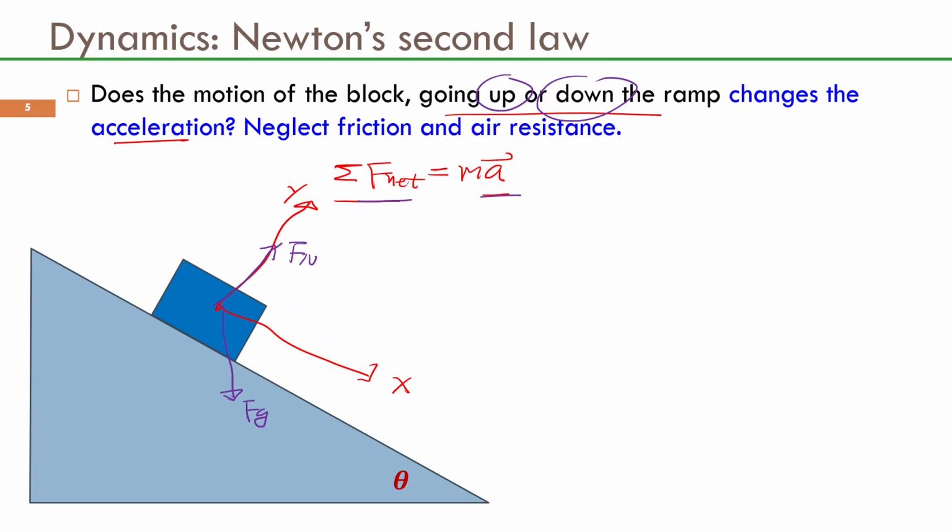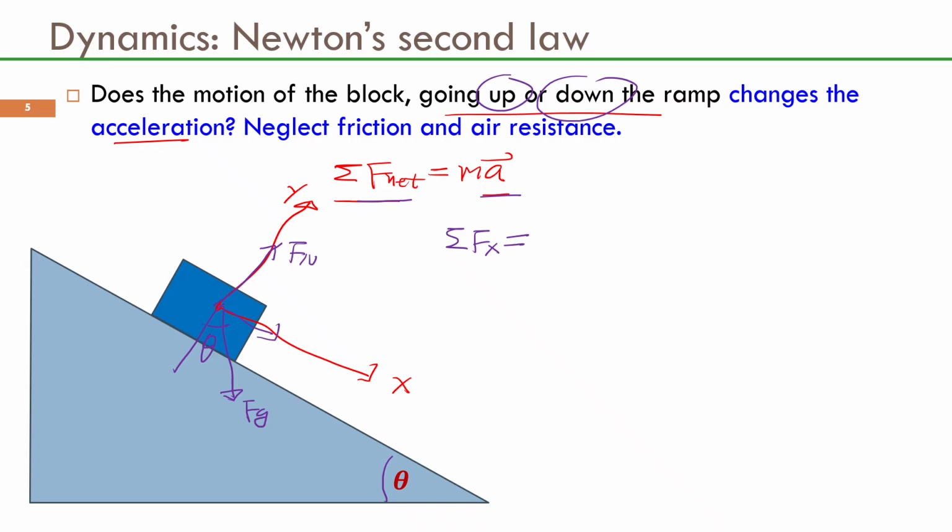If you are interested to find out the acceleration, we can do the force decomposition. So we know if the incline angle here is theta, then this angle here is theta. If we look at the net external force along the x direction, that would be the component of gravity.